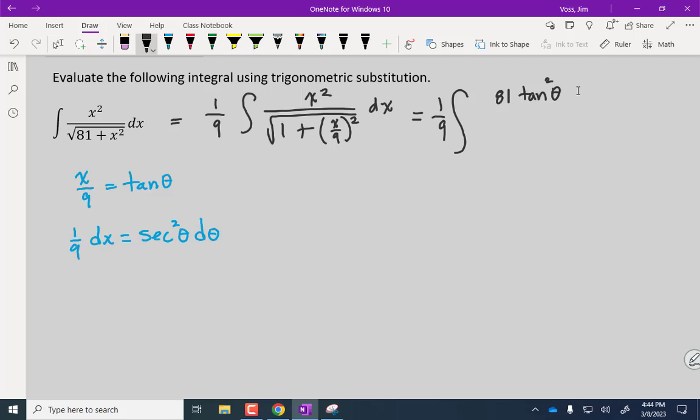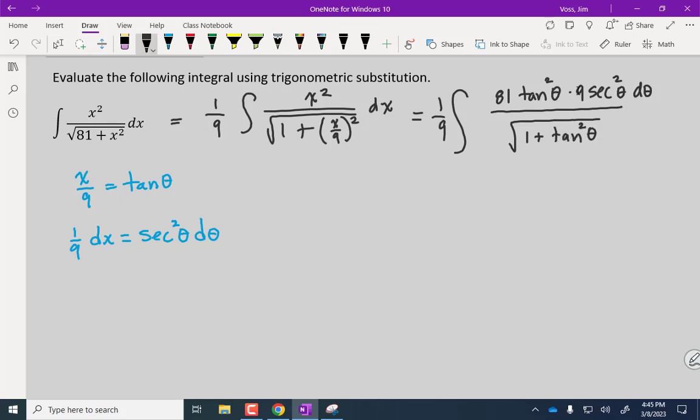For dx, that's down here: dx would be 9 secant squared of theta d theta. In the denominator, 1 plus tangent squared, thank you.